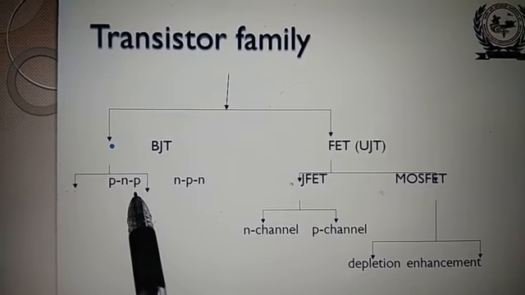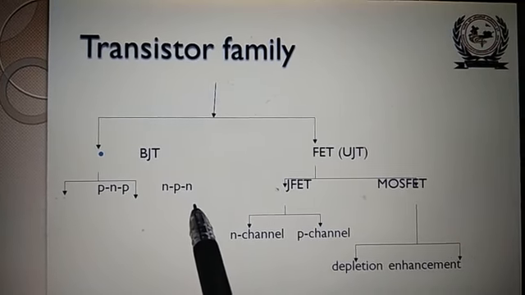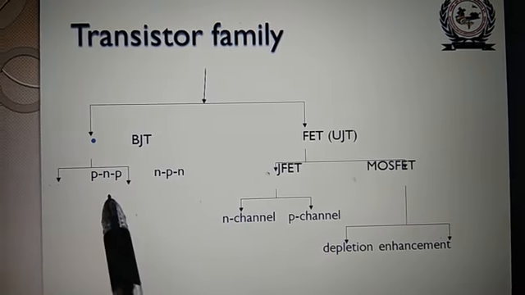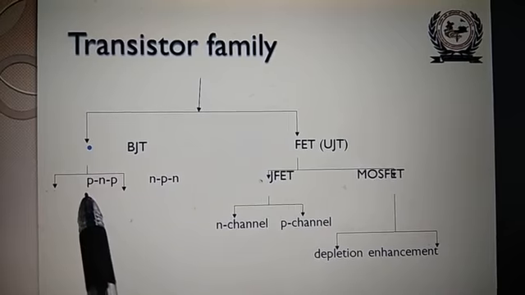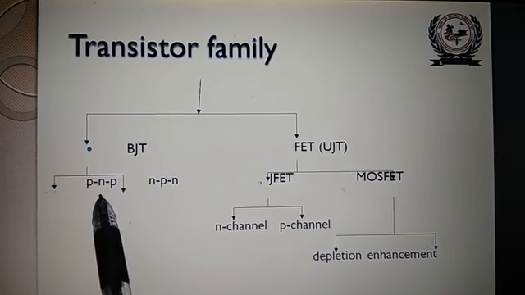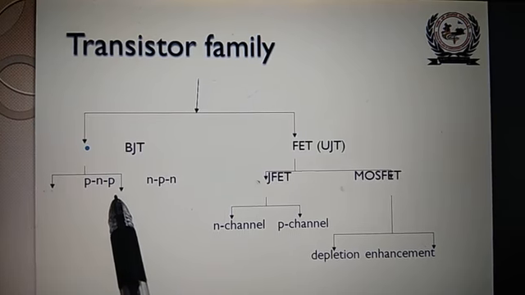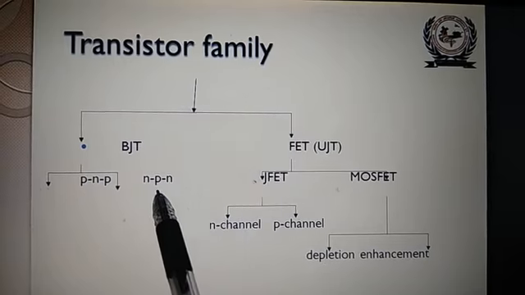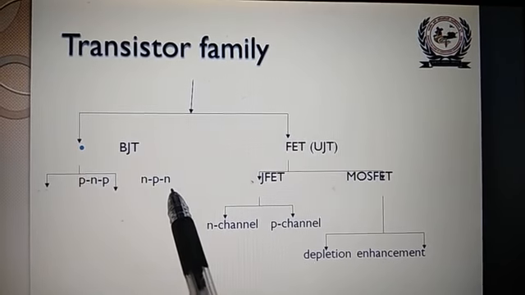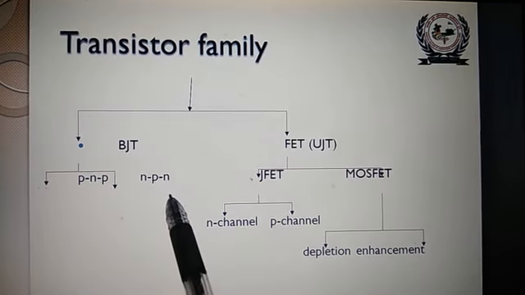P positive, N negative. Emitter base collector. In PNP, the emitter is P type, the base is N type and the collector is P type. While here, the emitter is N type, the base is P type and the collector is N type.